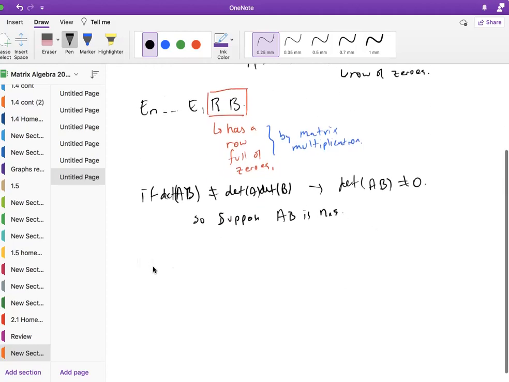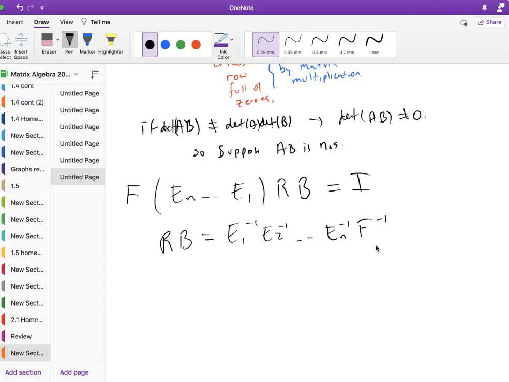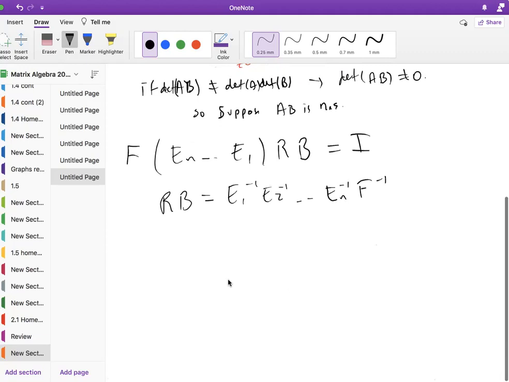That means we can find some matrix F such that the inverse is equal to the identity. So now, if we multiply through, we have RB is equal to E_1 inverse, E_2 inverse, E_n inverse, and then F inverse. Well, actually, it's fine. RB is fine.